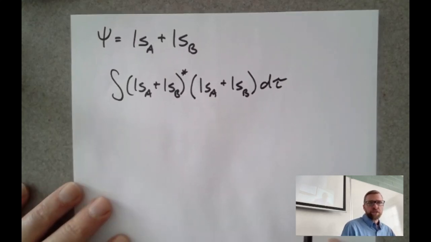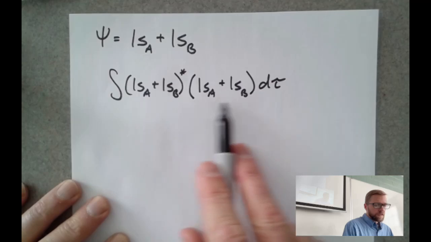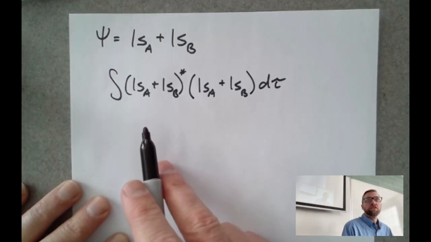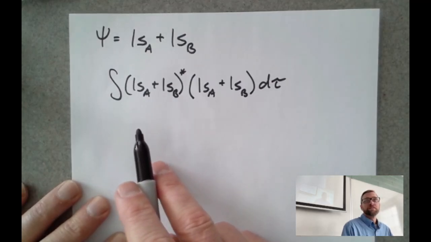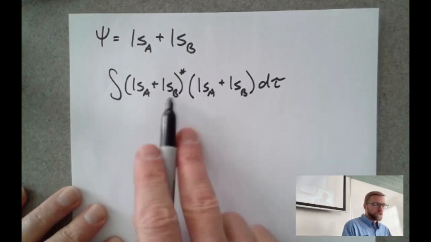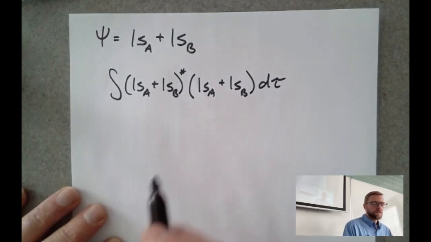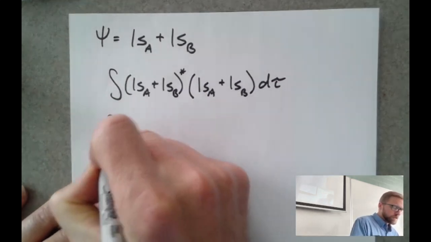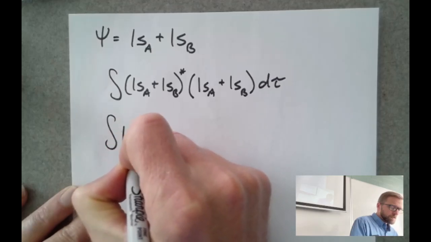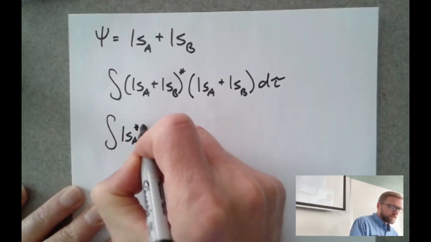All right, so when you see a problem like this, what do you want to do? Let's FOIL it. Right, you distribute everything. Does the star really do anything? Yeah, watch. See, there it is.